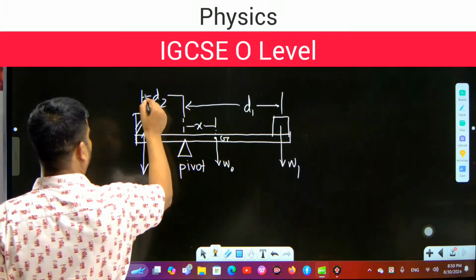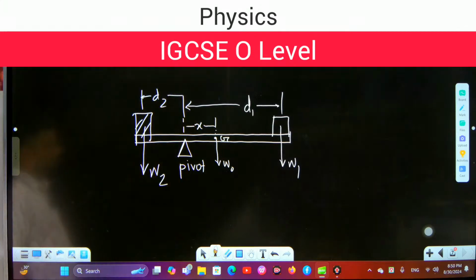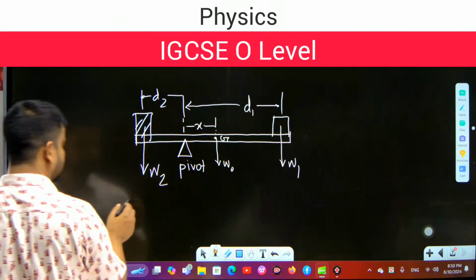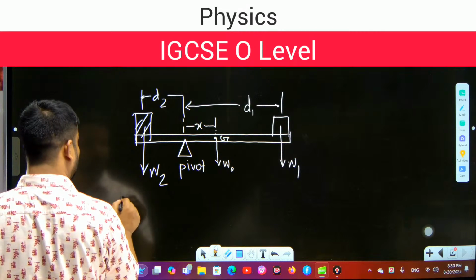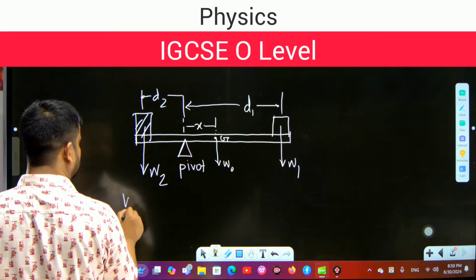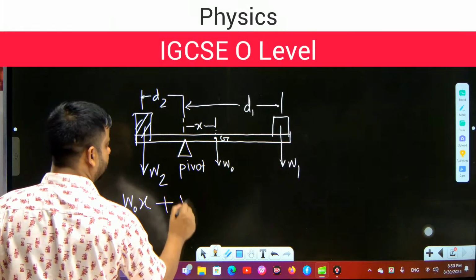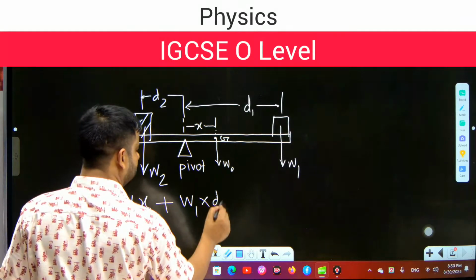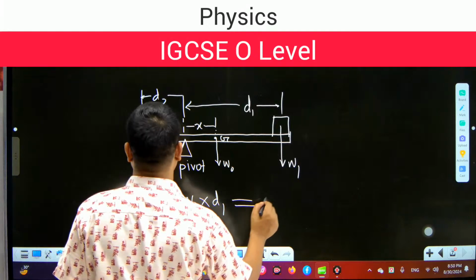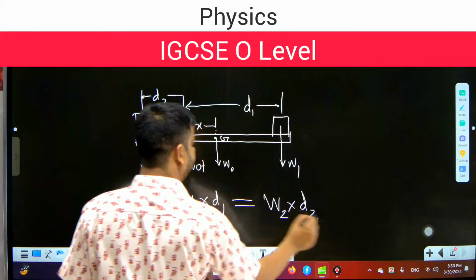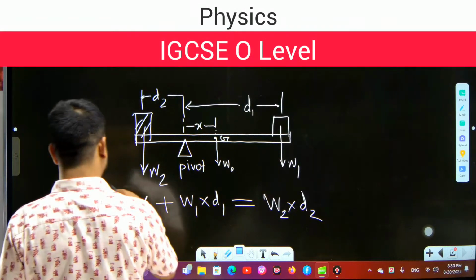Then what will be the principle of moment? Total clockwise moment W0 into x plus W1 into D1 equals total anti-clockwise moment W2 into D2.